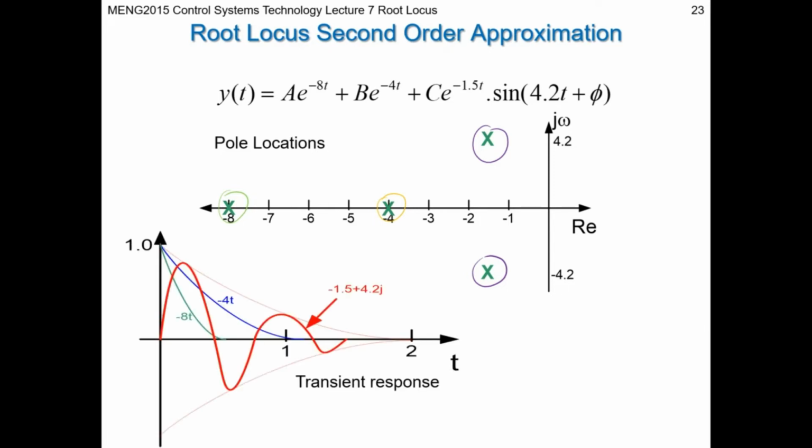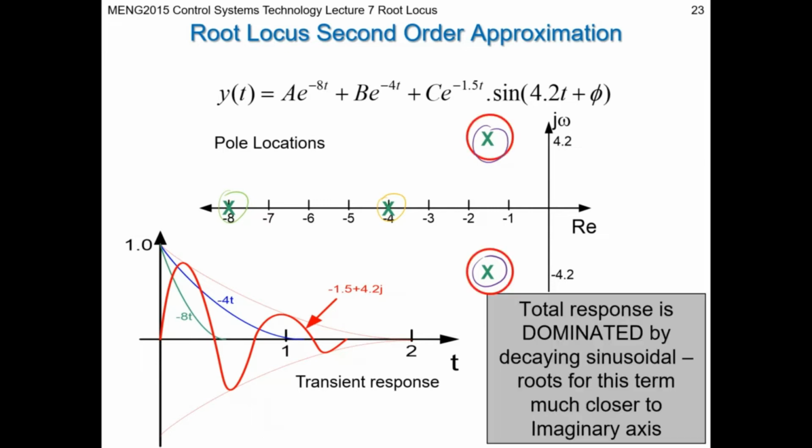And then I've got a slightly better plot of the time transient response than I had on my rough hand sketch before. Right? So you can see how these things decay. It's not even a very accurate sketch, that one is just rough. But we can see the total response is dominated by this decaying sinusoidal because those roots are much closer to the imaginary axis, the purple roots, right?